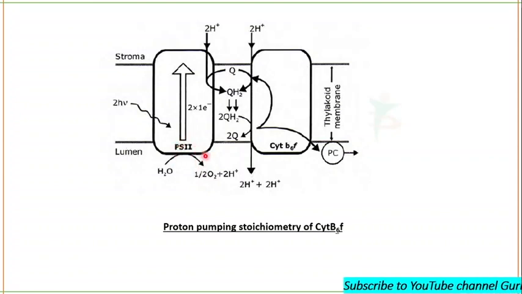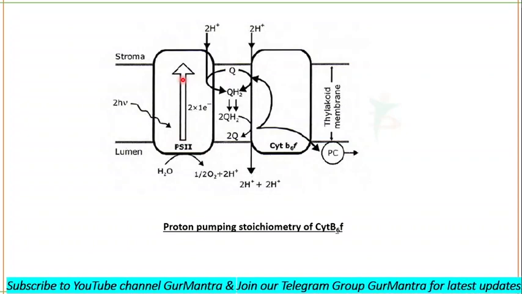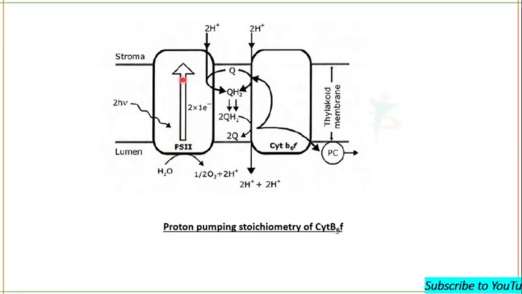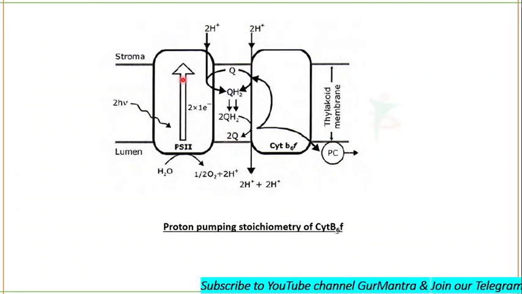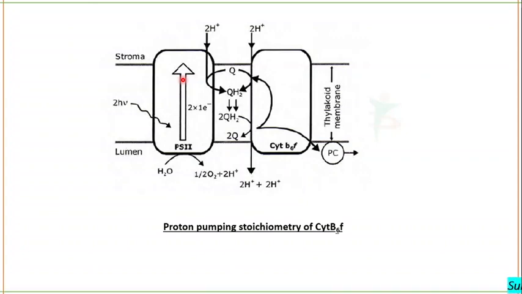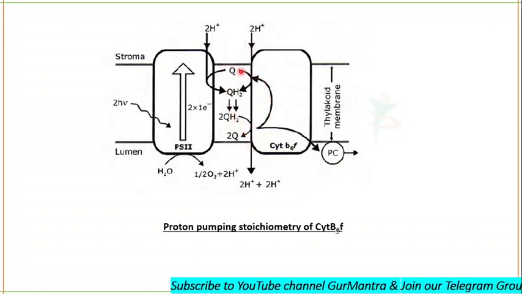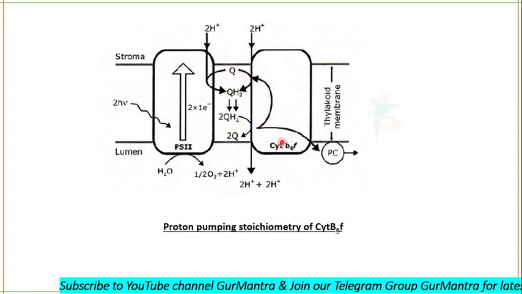And then photosystem 2 gets the electrons and transfers them to pheophytin and to QA and QB, I mean plastoquinone A and plastoquinone B, and then plastoquinone B gets completely reduced to plastoquinol, and plastoquinol gets attached to the cytochrome b6f.